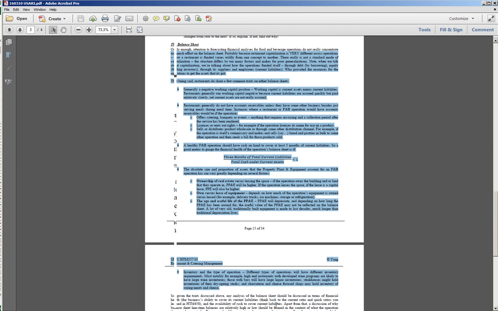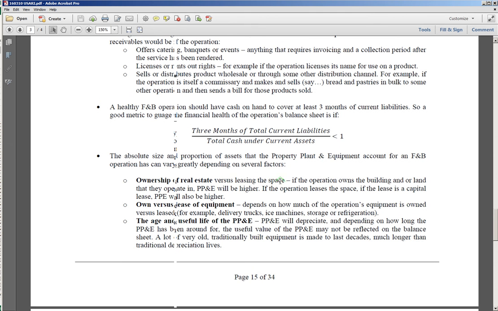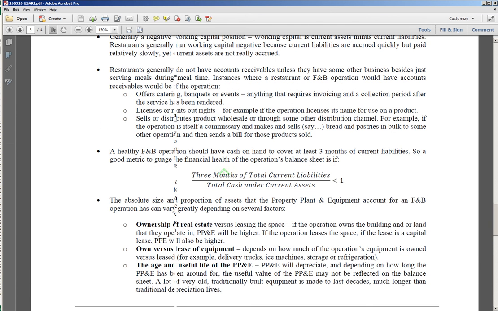The way that you would analyze a balance sheet is to go through line by line and discuss why that line item is particularly high or low given the unique operating situation of the concept you're talking about. So remember, do not compare from one operation to the next. It is sometimes worthwhile to compare the balance sheet of the same company from one year to the next to see where the changes have occurred.